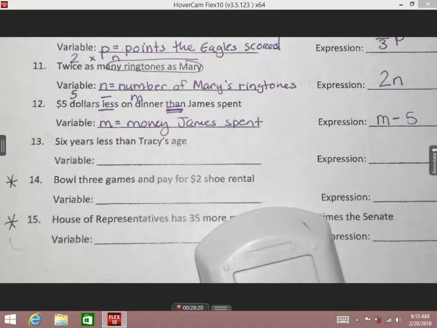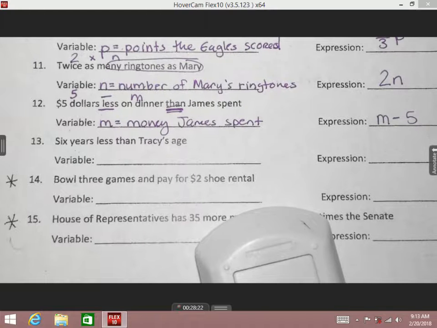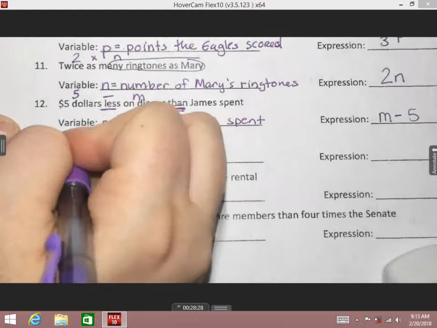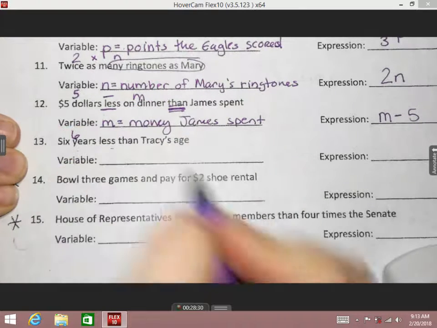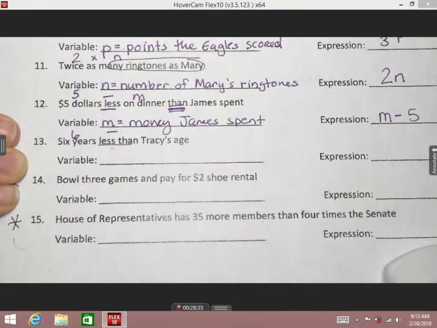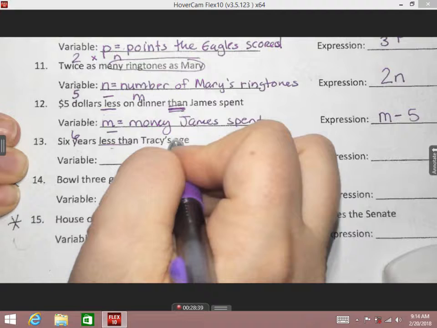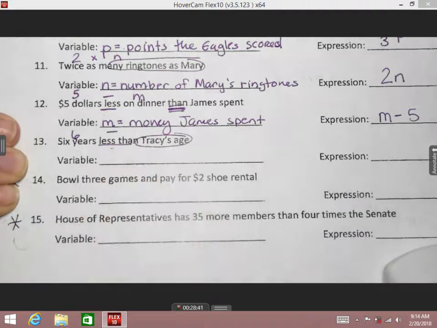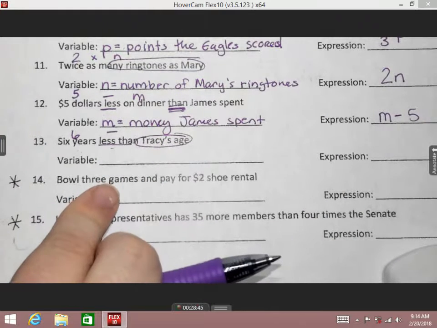All right, number 13, 6 years less than Tracy's age. So again, 6 years is the number 6. Less than means minus. Tracy's age. Do I know what that is? Nope. So we need a variable.